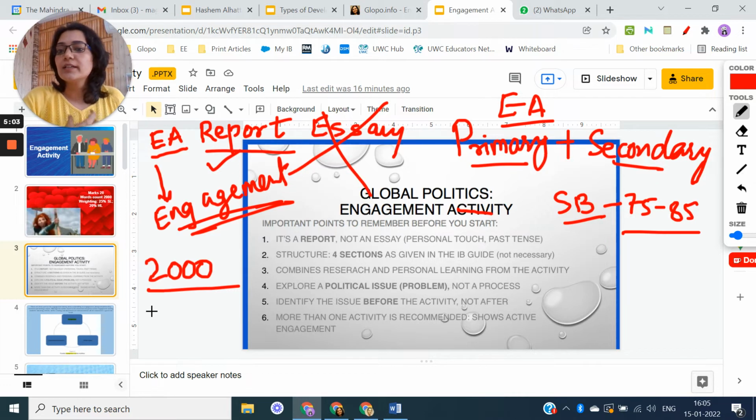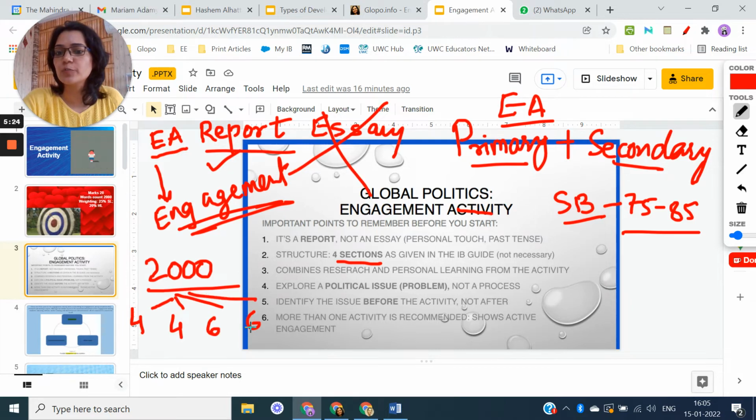Further in this report, you will see 4 sections, which are divided into marks. The first one would be of 4 marks, the second one 4 marks, the third one 6 marks, and the fourth one 6 marks. 4, 4, 6, 6, that means a total of 20 marks. What we are going to cover under each criterion, I'll be discussing further.